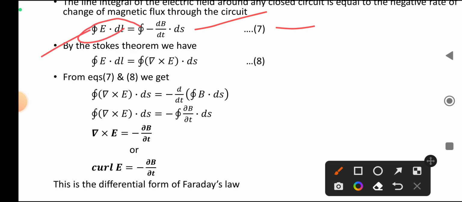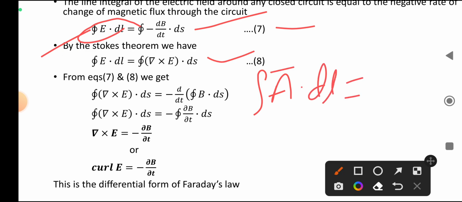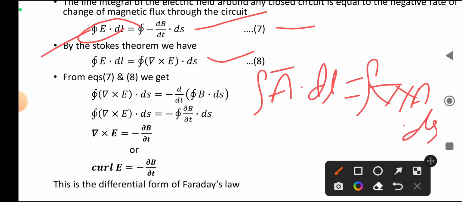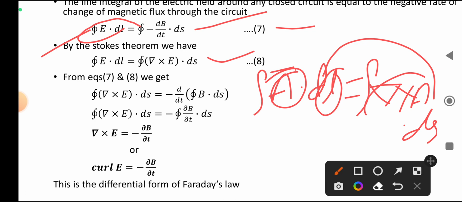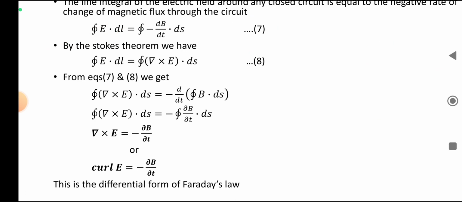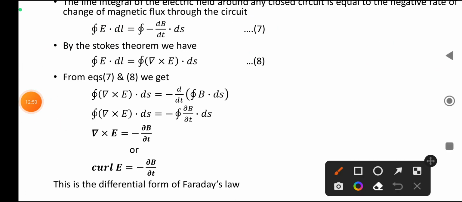The Stokes theorem formula: if A is a vector, integral of A dot dl is equal to integral of del cross A dot ds. That means length is converted into area, and in place of A, del cross A will come. That is Stokes theorem.